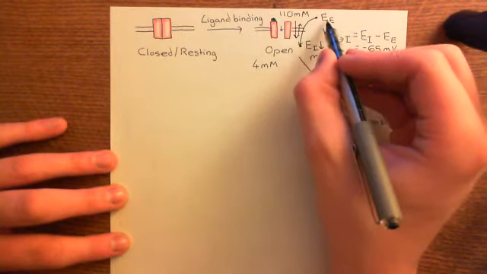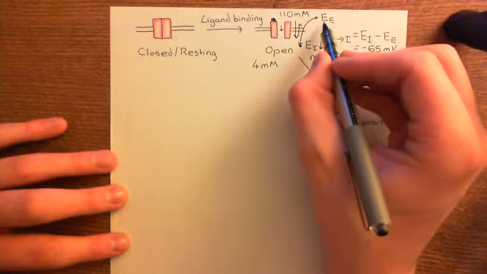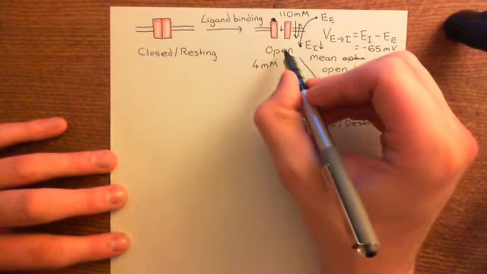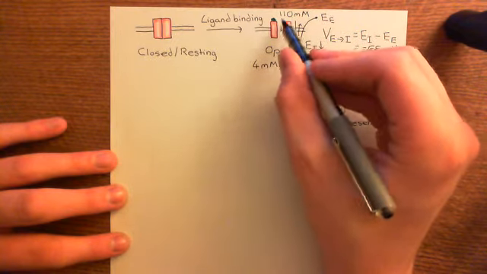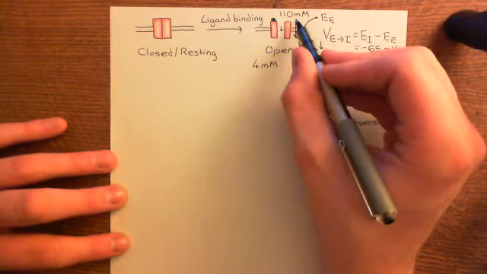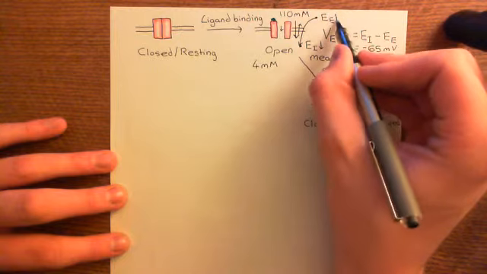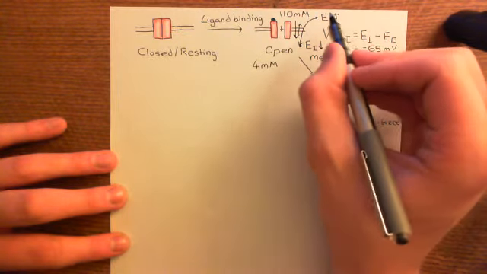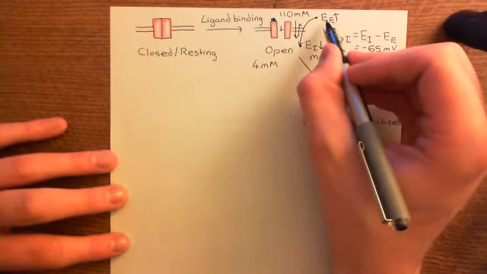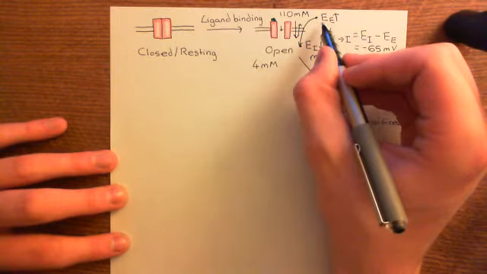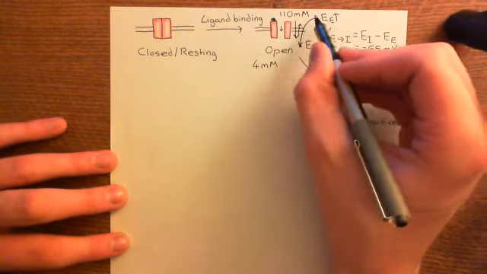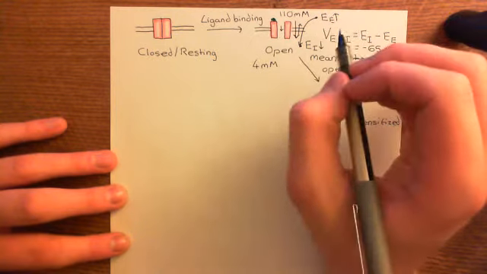In addition, you are removing negative charge from the extracellular compartment to bring it into the intracellular compartment. So when you remove negative charge from the extracellular compartment, that's going to have the effect of raising the electrical potential there. Okay, because negative charge brings down the electrical potential. So when you remove it, that's going to lead to the electrical potential going up.